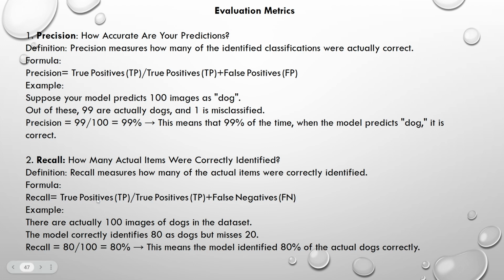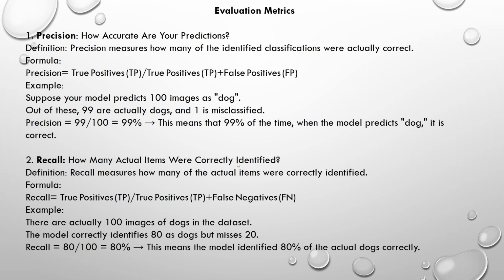So recall rate is true positive divided by true positive plus false negative, which is 80 divided by 100, 80%, which means that the model identified 80% of the actual dogs correctly. That is what recall rate is. So precision means how many of the identified classifications were actually correct. And recall measures how many of the actual items were correctly identified.